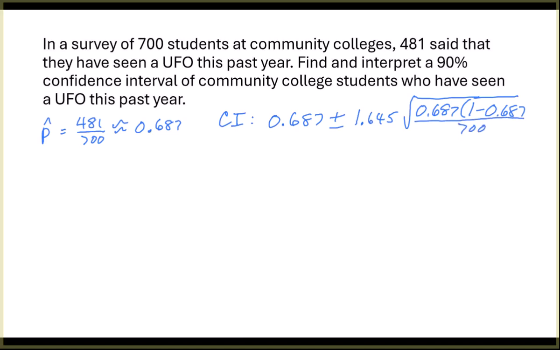So this formula is in your formula pages. So notice what I'm doing. I've got p hat plus or minus 1.645. Now wait a minute. Where'd that 1.645 come from? You remember? Right. From that little table. That little table says, well, if you want to be 90% confident, then that 1.645 has to go right there. That's that critical value based on our confidence level.